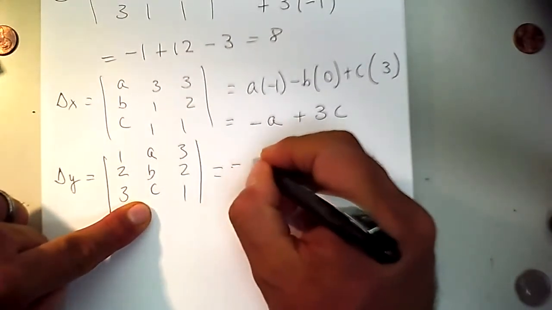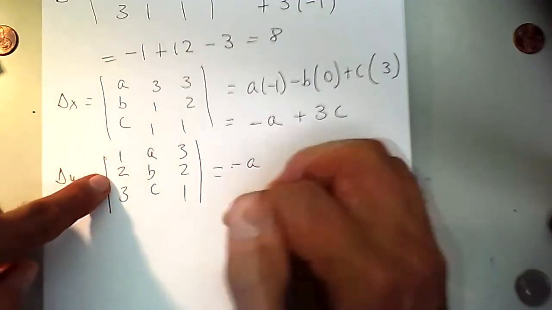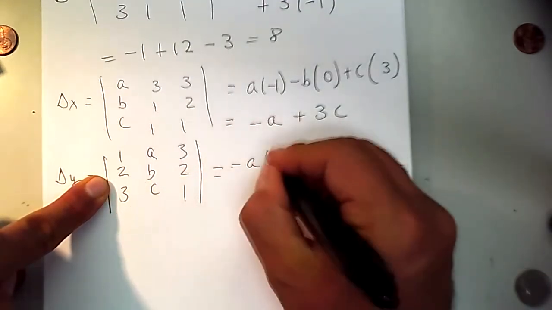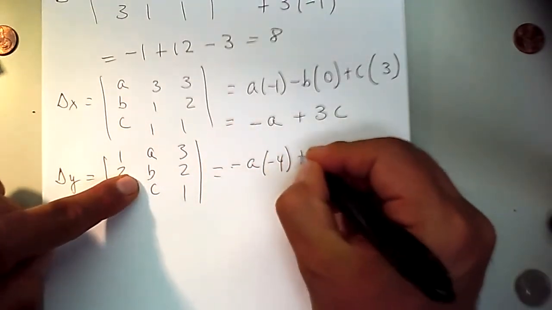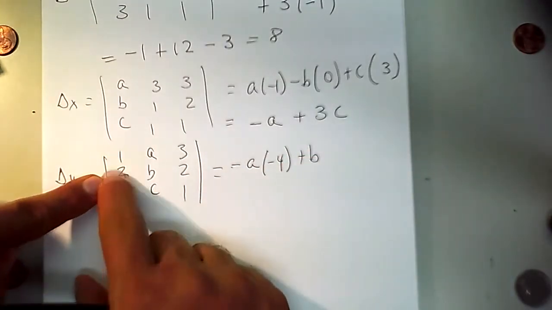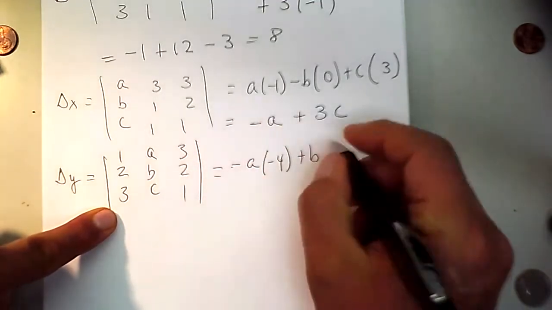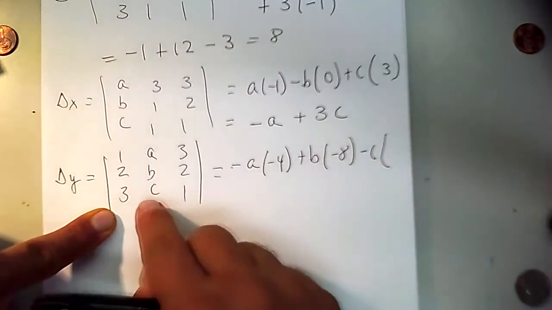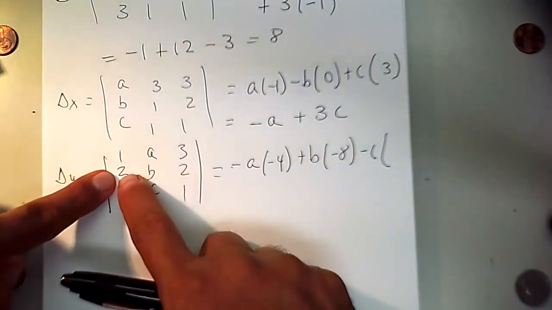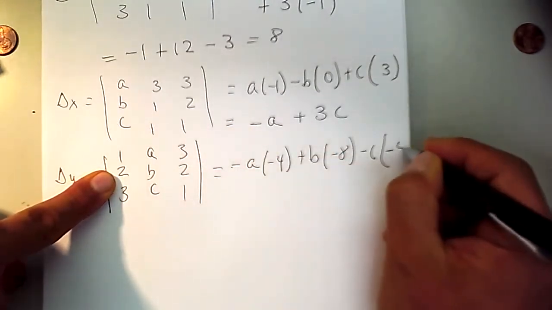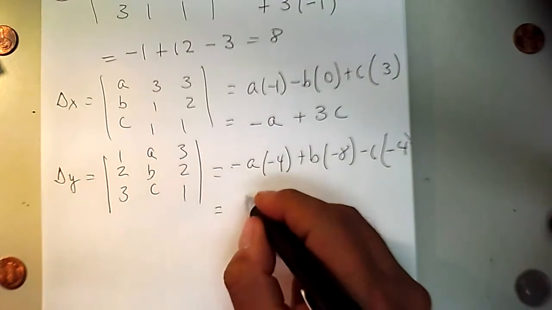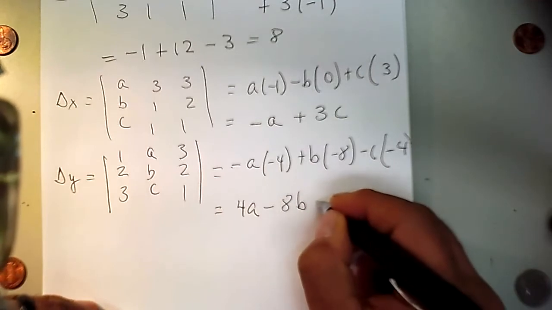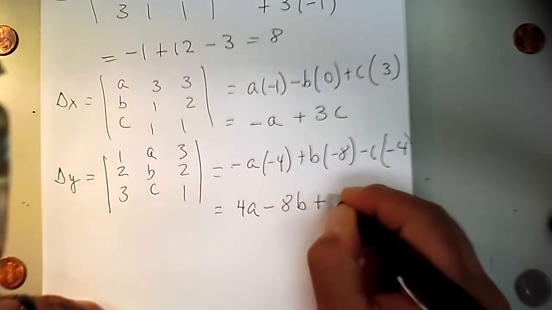So we have negative A, starting with that, times (2 minus 6, negative 4), plus B times (1 minus 9, negative 8), minus C times (2 minus 6, negative 4). So we end up with 4A minus 8B plus 4C.